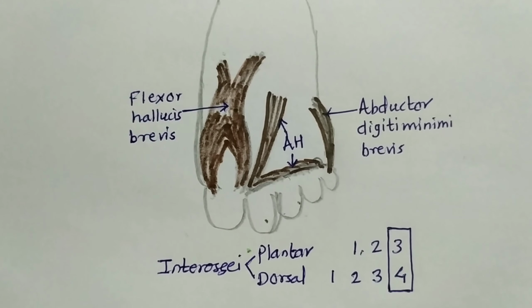The fourth layer of muscles of sole consists of interossei.